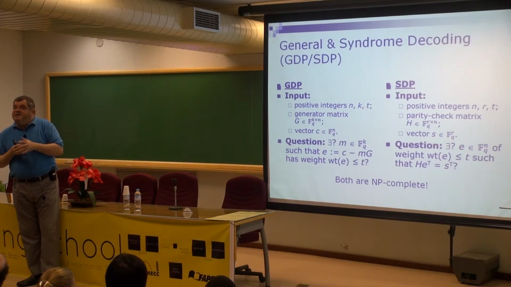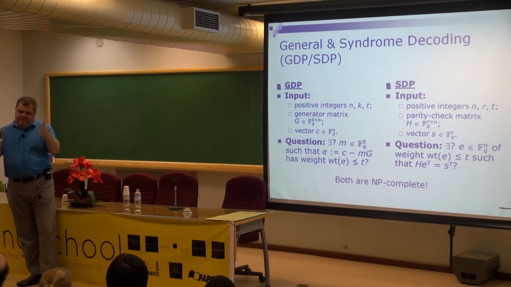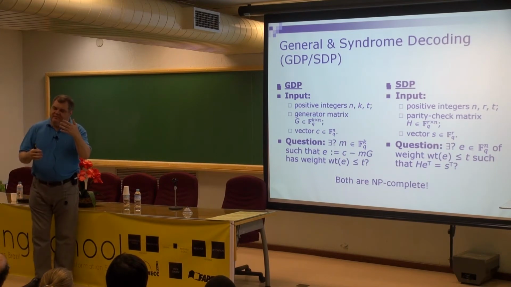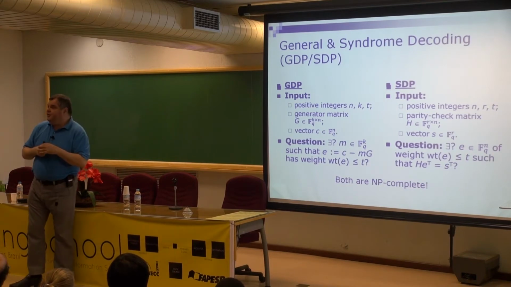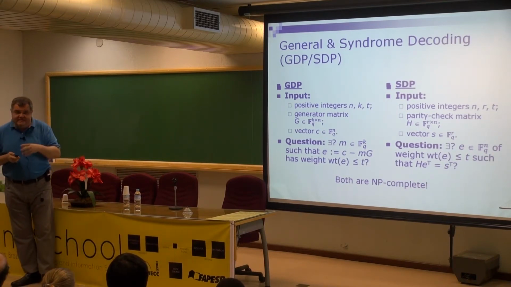The popular RSA crypto system was devised in 1977, and McEliece was published in 1978. So less than 2 years between the invention of public key cryptography and the creation of the first code-based crypto system, the McEliece crypto system.